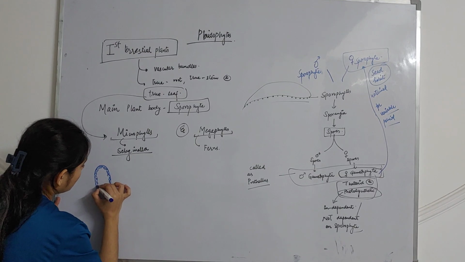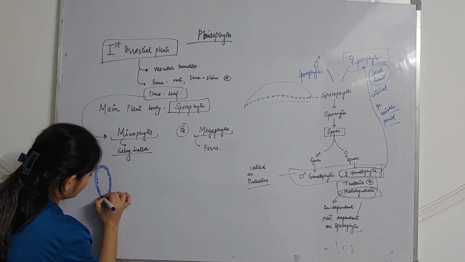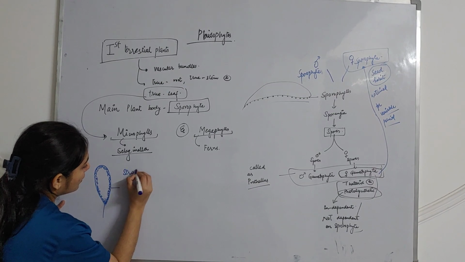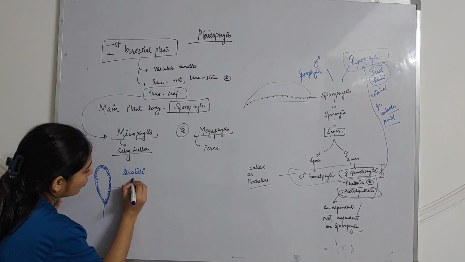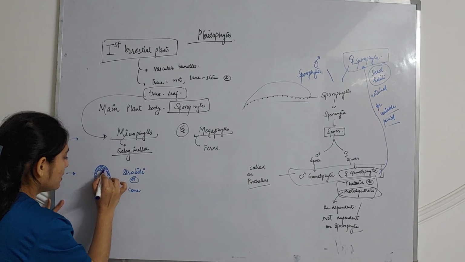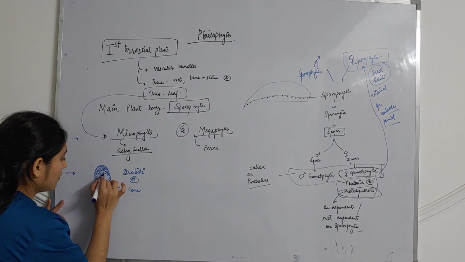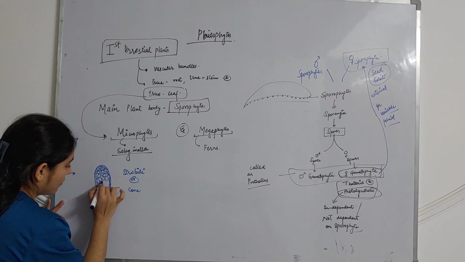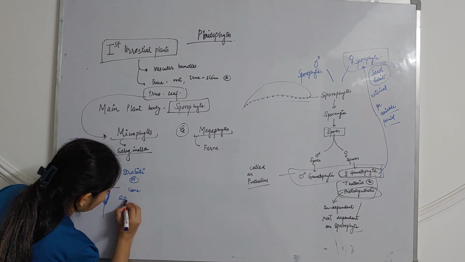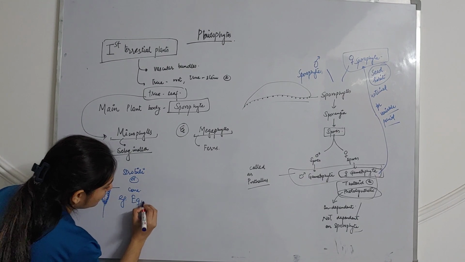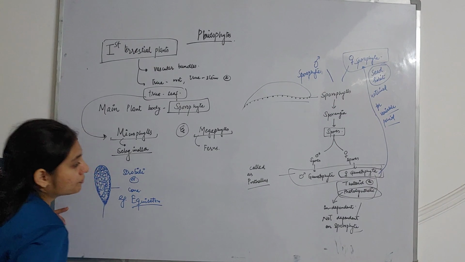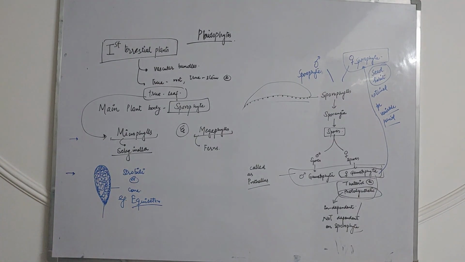This compact structure is known as strobili or cone, and it is seen in Equisetum.